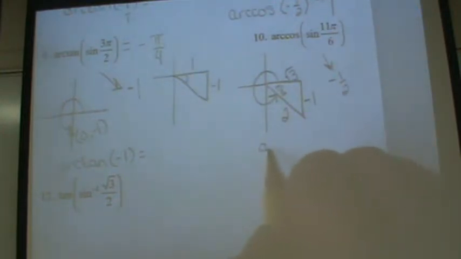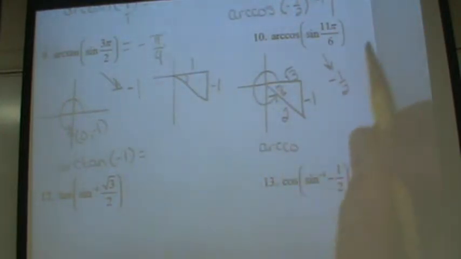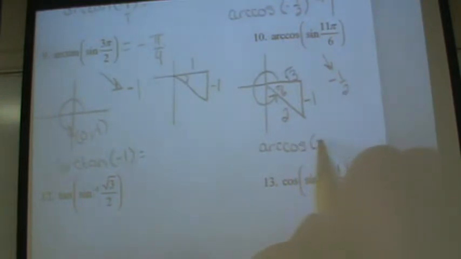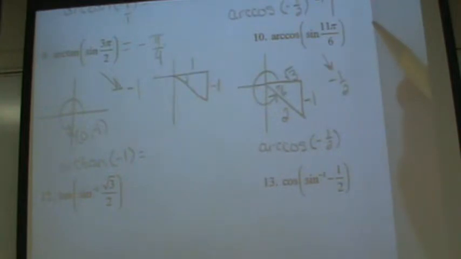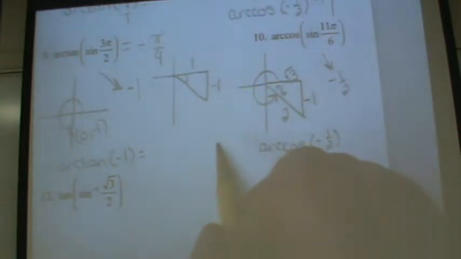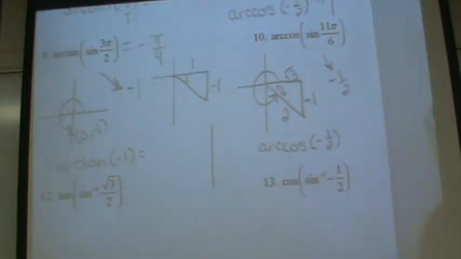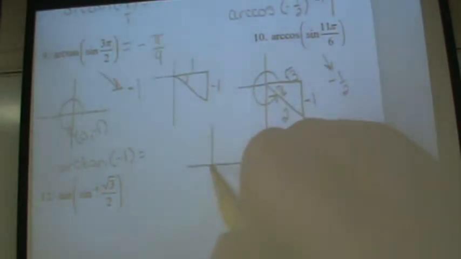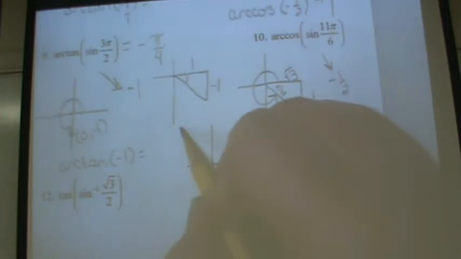We're going to take the arc cosine now of that negative 1/2. I'm going to draw that triangle over here because I ran out of space. So where is negative 1/2? It's in the second quadrant because it's negative.